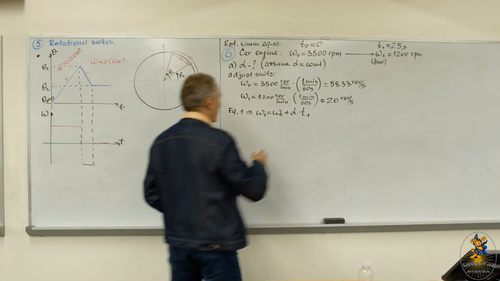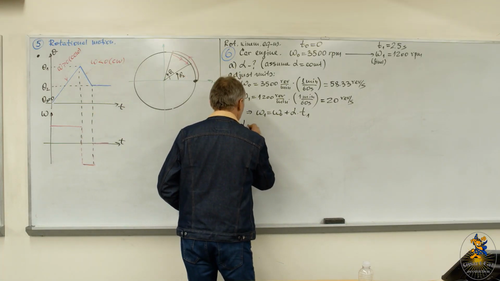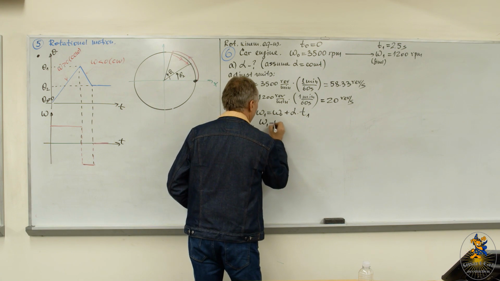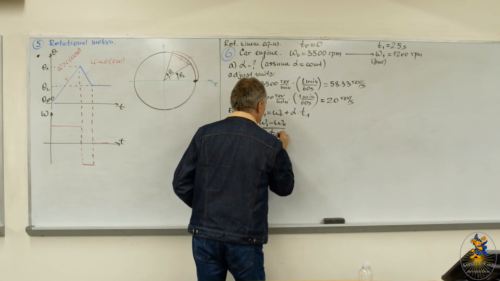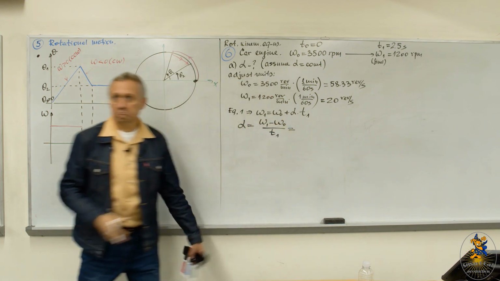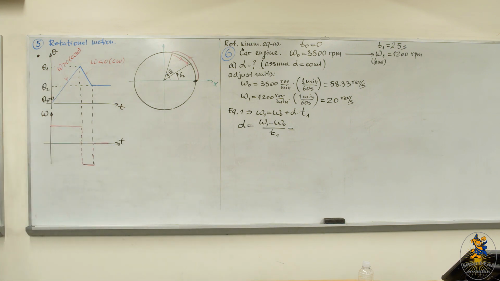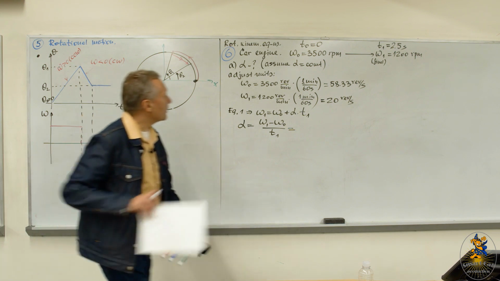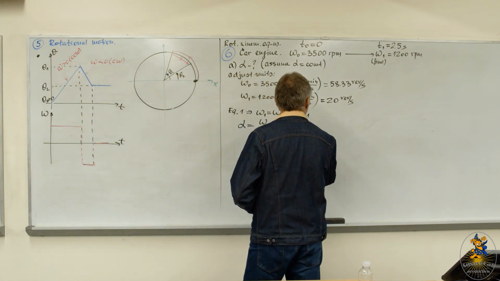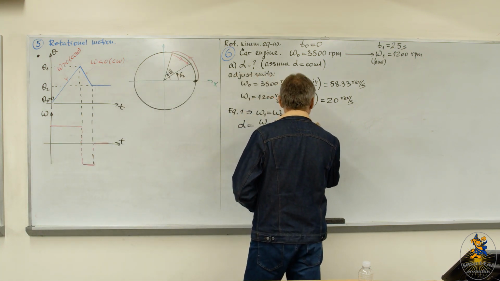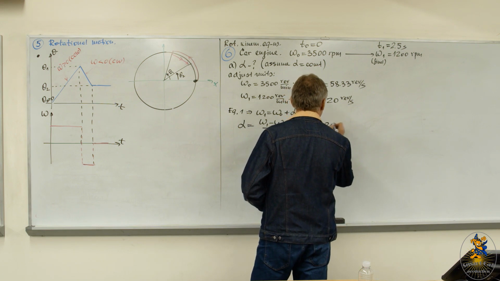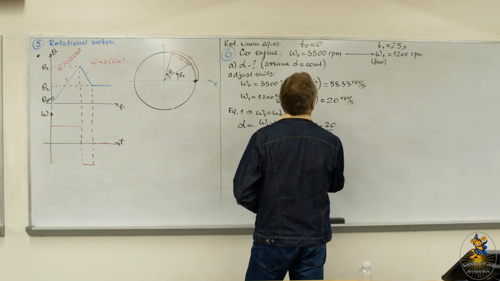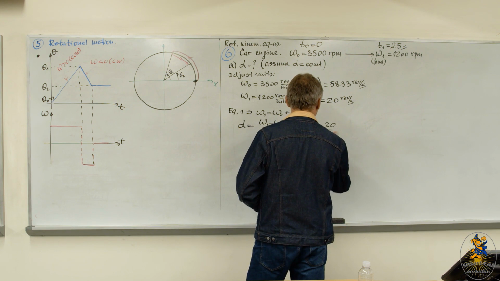So alpha equals omega 1 minus omega naught divided by t1. Everything is given. Plug in numbers, calculate. And units are correct. Or maybe let me write that down. So it's 58.33, I skip units, divided by 20, divided by 2.5 seconds.